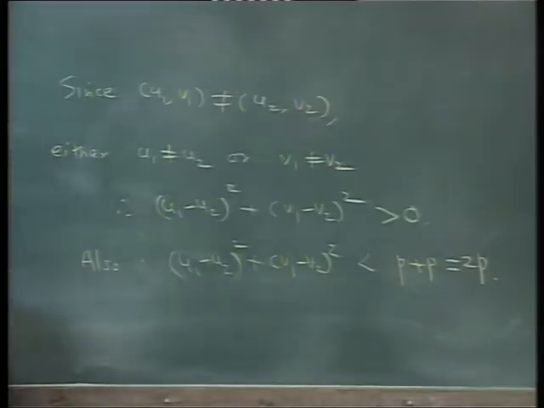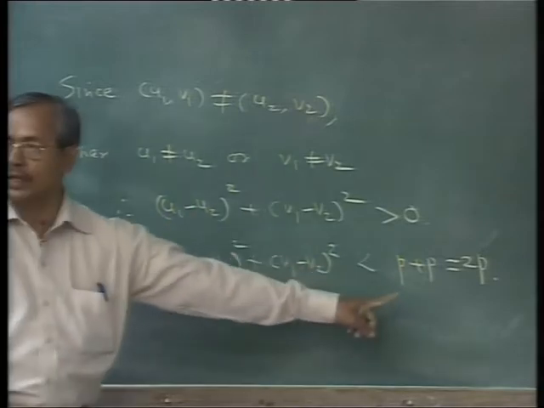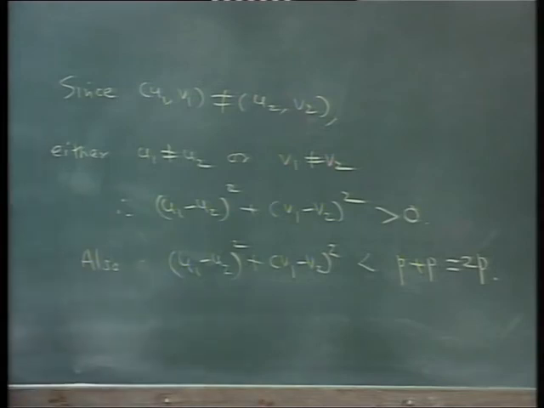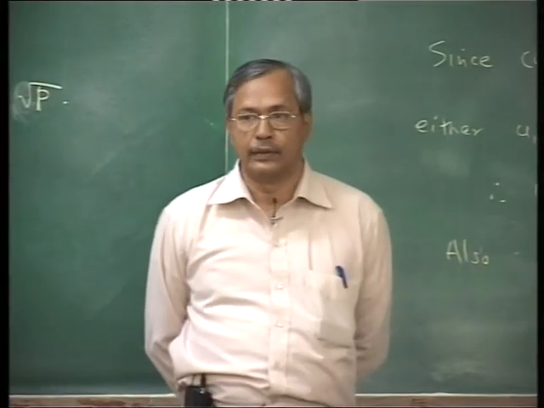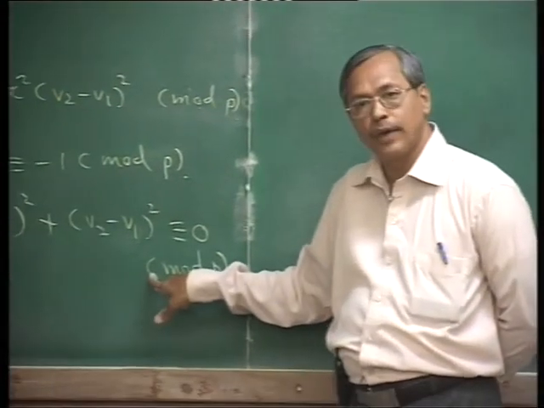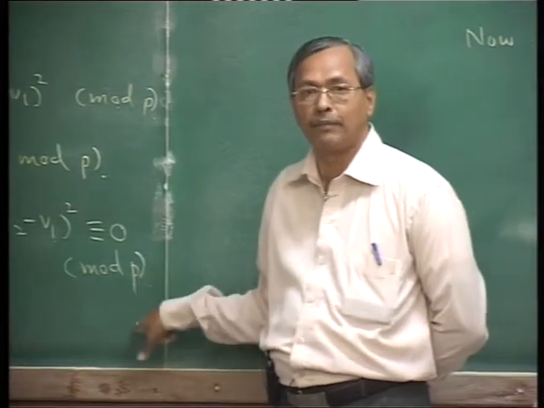Now you have got the result that this quantity is bigger than 0 and it is less than 2p. On the contrary, we have seen that this quantity is congruent to 0 mod p, means it is divisible by p.